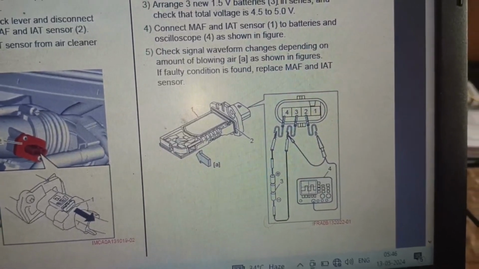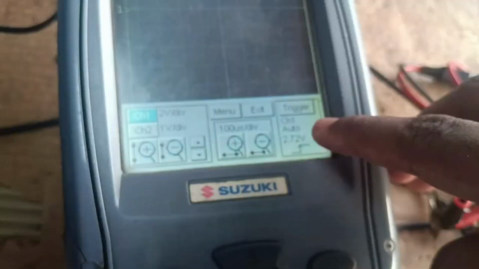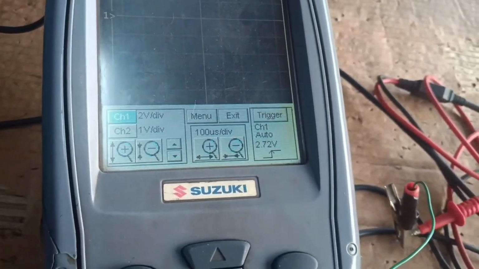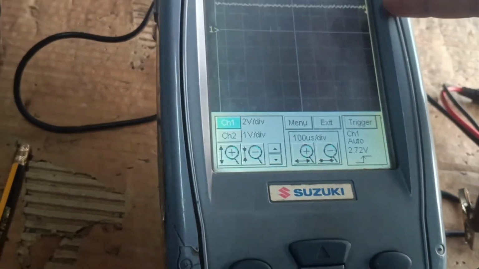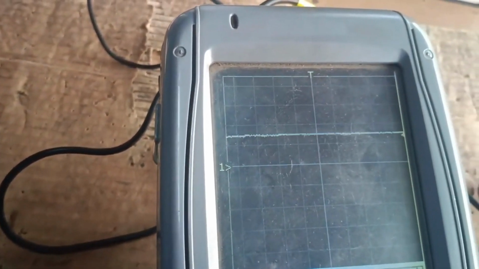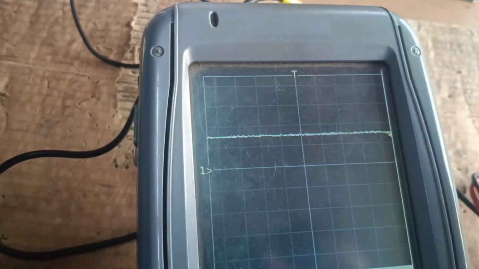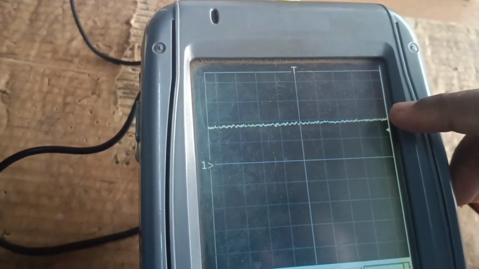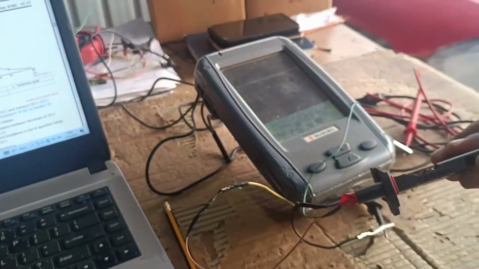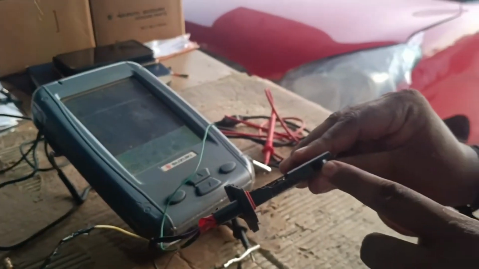Then we need to check that the signal waveform changes depending on the amount of air blow. We can see in the oscilloscope the graph is straight, no changes. We can see the voltage is 3 volt, with one division being 2 volt.